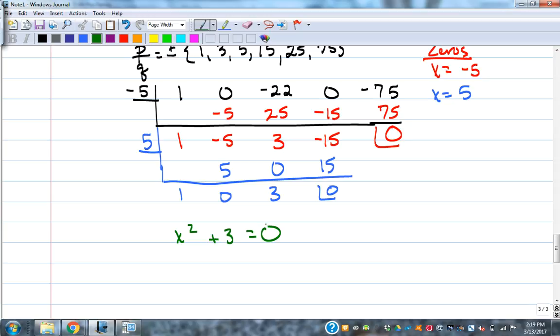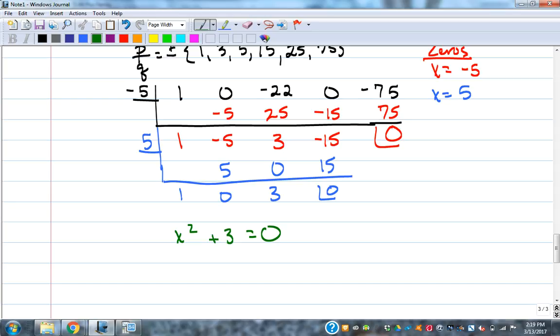How can I solve that? I could do quadratic formula, but b would be 0, but I could still use quadratic formula. What's another option that we learned back in chapter 4? It's just got an x squared in it, so no, there's no such thing as sum of squares.